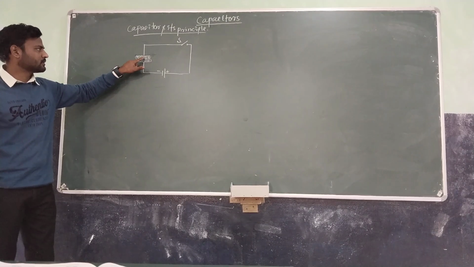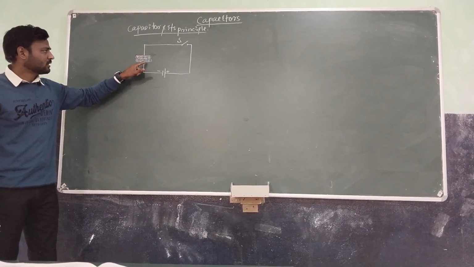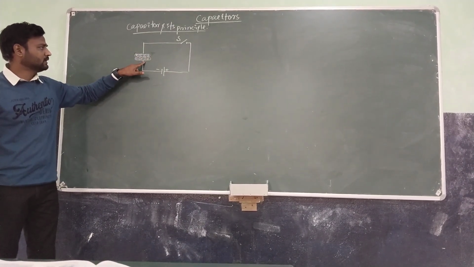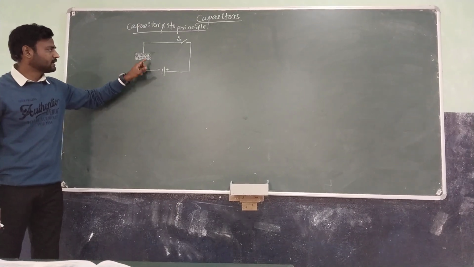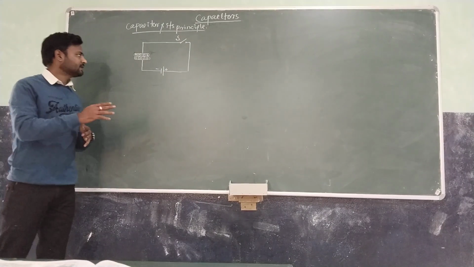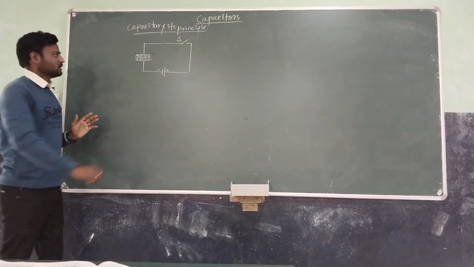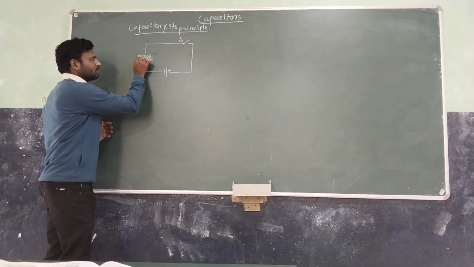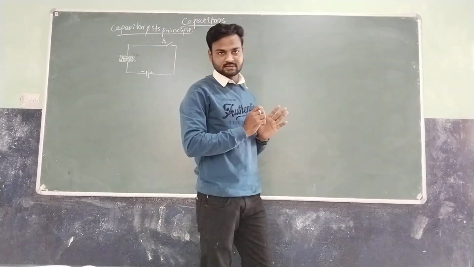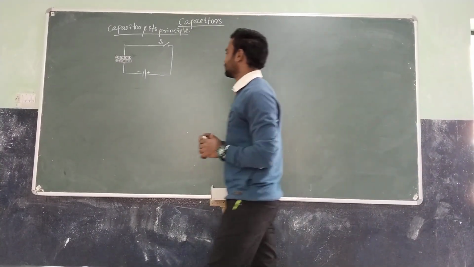The negative side, the cathode side, provides the negative charge and repels some electrons toward the positive. So the capacitor gets charged. Okay, so this is the principle of a capacitor.